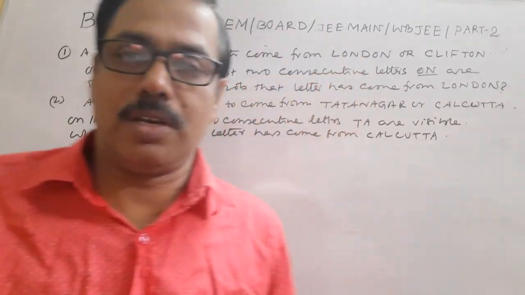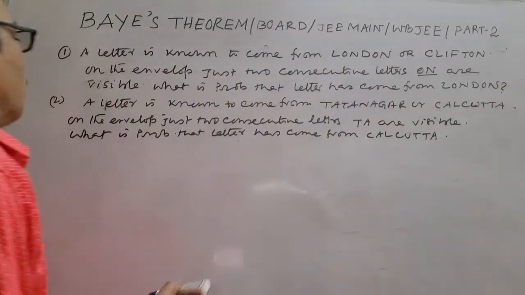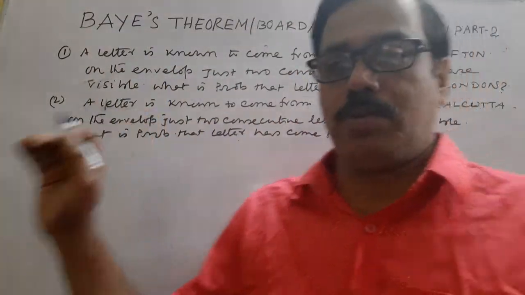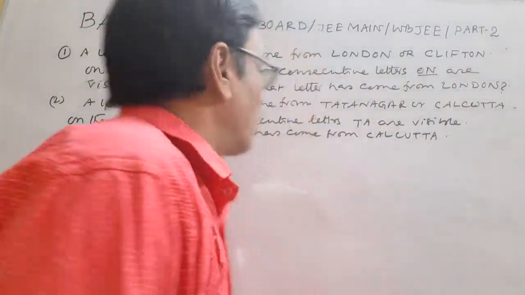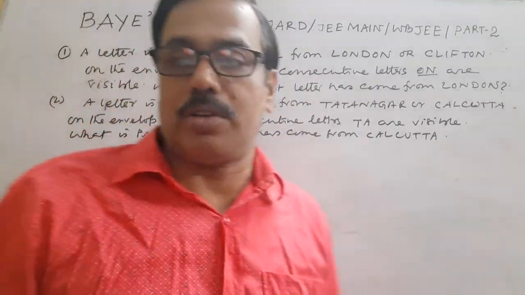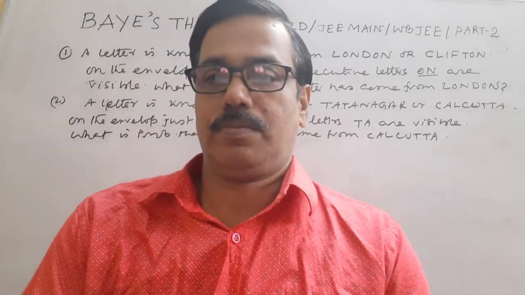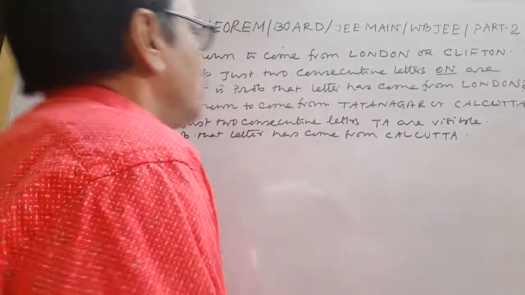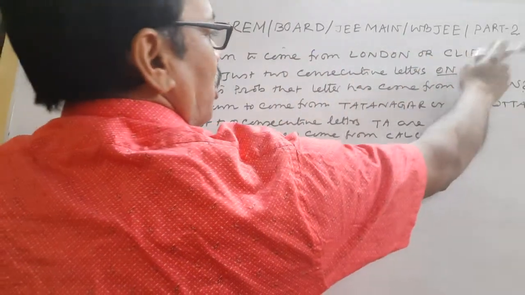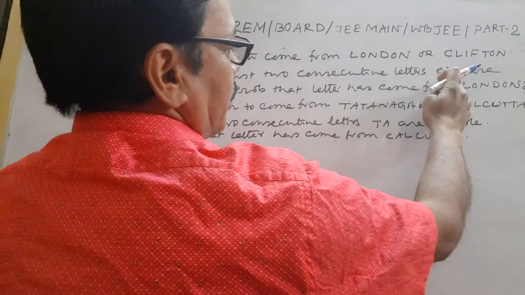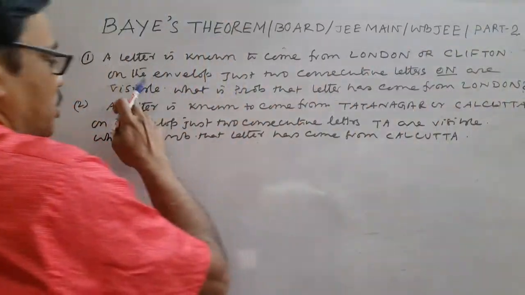Now we consider the second type of problem. So two same type of problem. A letter is known to come from London or Clifton. On the envelope, just two consecutive letters ON are visible.